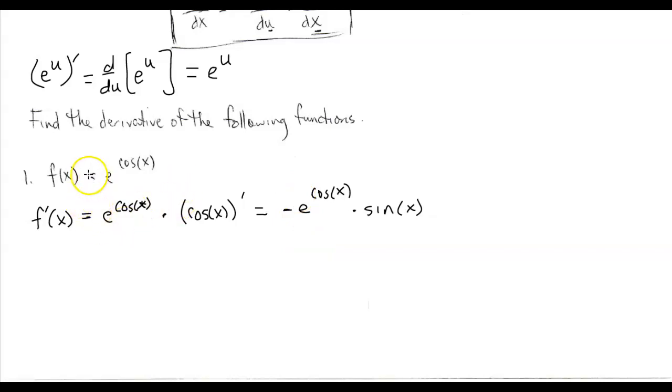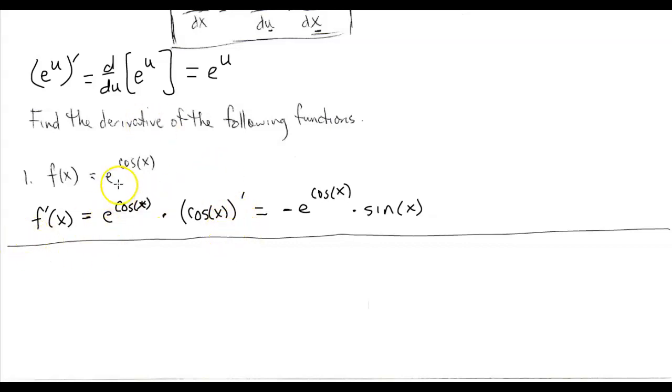Now, if we were to do this same problem using Leibniz notation, we have to set it up a little differently here, okay? The first thing that we would have to do is look at our function f of x here. I'm just going to write it again. What we would want to do here is let u equal cosine of x.